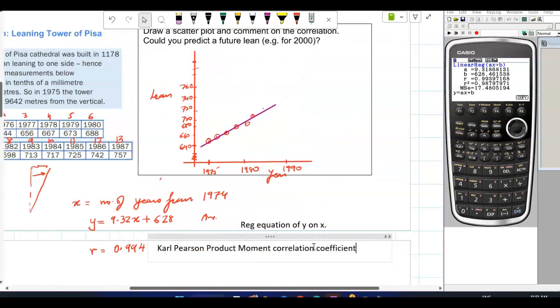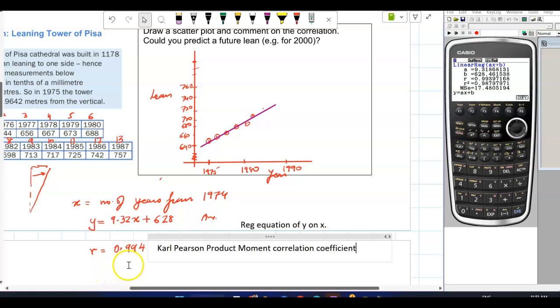Sometimes they simply call it the correlation coefficient, but don't get confused with that. Sometimes they'll write the entire thing. The correlation coefficient tells you the measure, the degree.